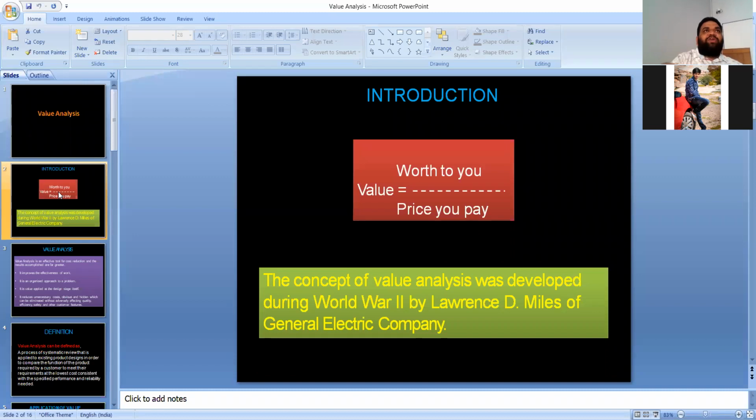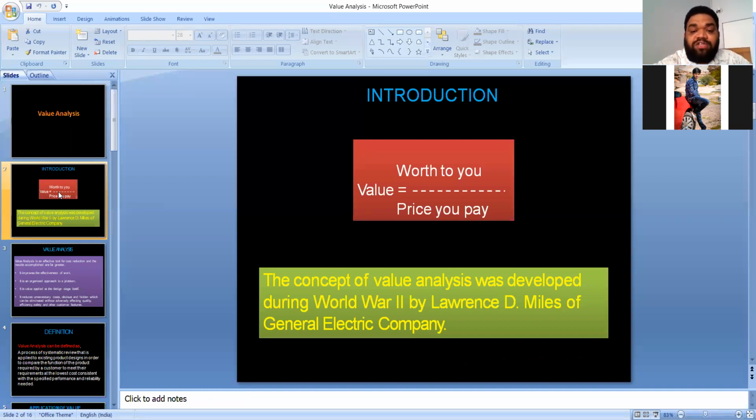Even if it costs a lakh of rupees, if it is that important, you are ready to pay, so the price is quoted, and brands exist. That is the general meaning of value.